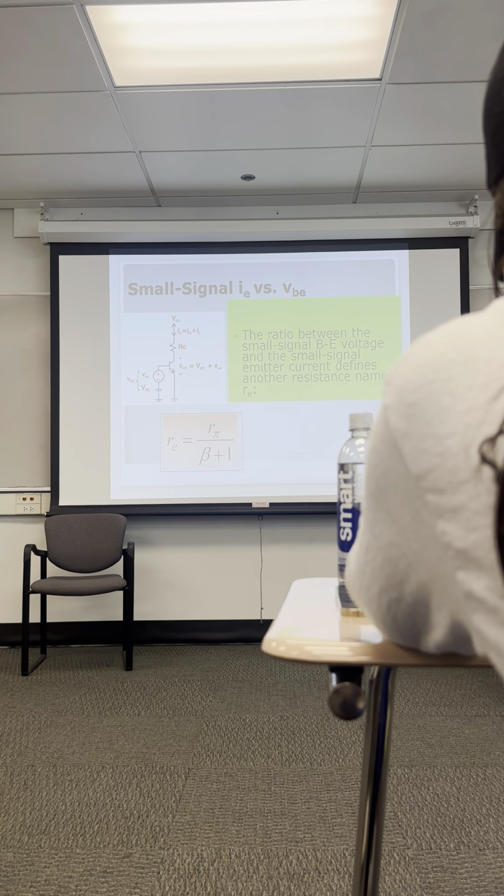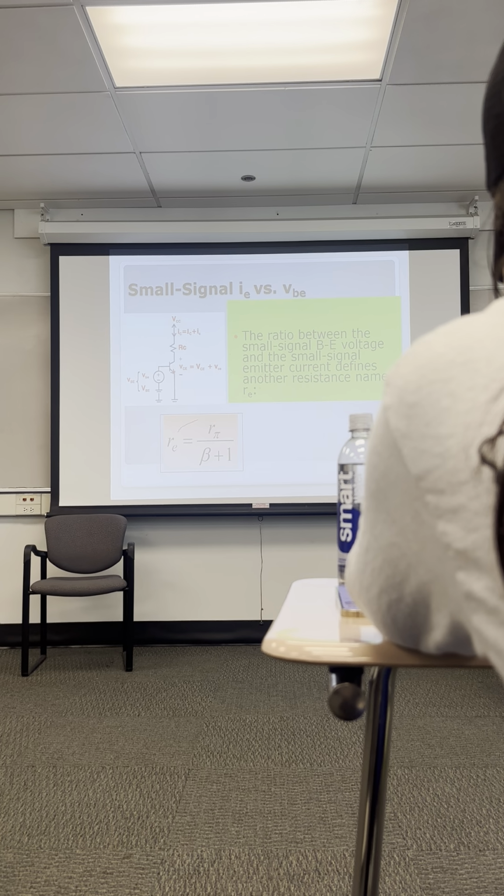Now, what is g sub m in terms of r sub pi, in terms of r sub e? So this formula, you should extract g sub m from this formula based upon what was given for g sub m.